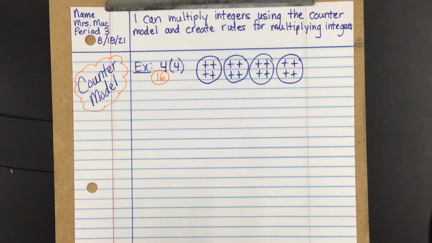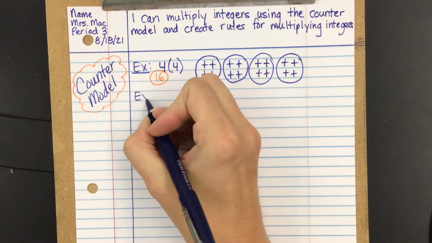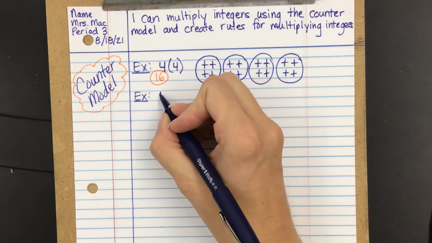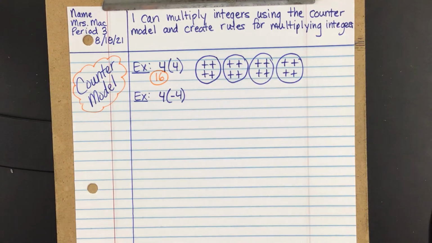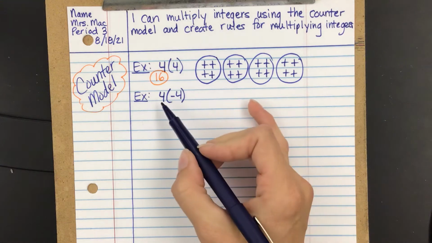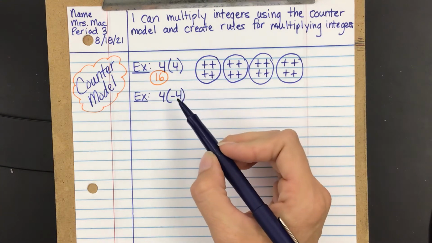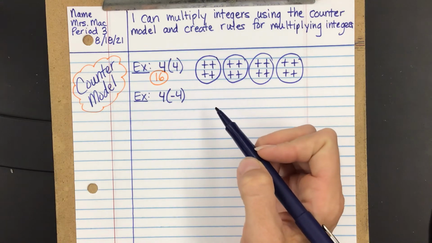So let's get some negatives involved in this. Let's start with just 1 negative first. Let's go ahead and do 4 groups of -4. Okay. So 4 groups of -4 will look just like this one, except for instead of 4 groups of positives, it will be 4 groups of negatives.